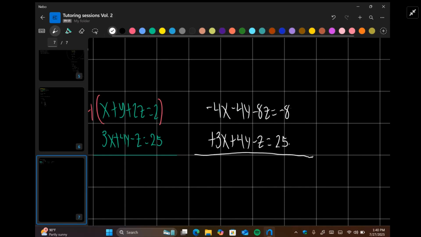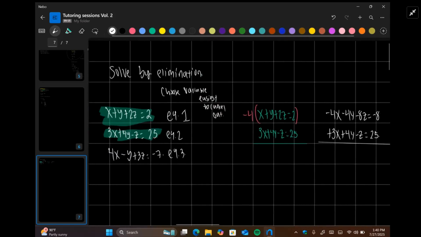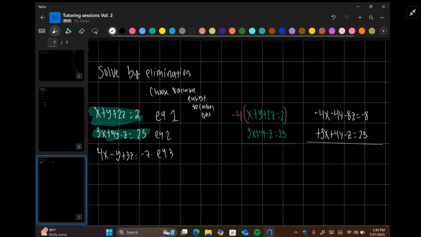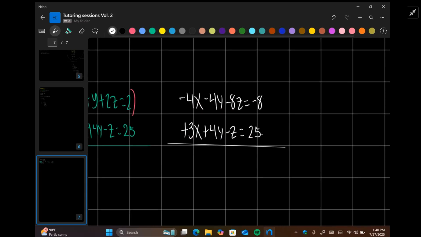Let's simplify this. -4x plus 3x is -x. The y terms cancel out. Then -8z minus z is -9z, and -8 plus 25 is 17.